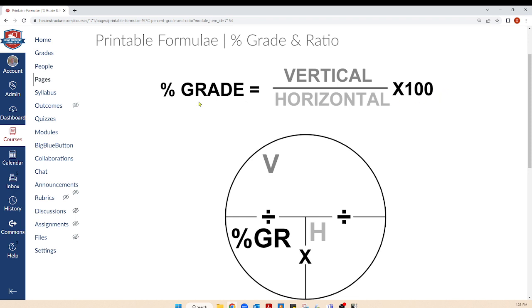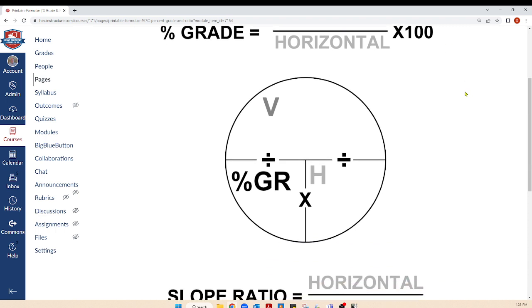So the percent grade equals the vertical divided by the horizontal times 100. Why do you think they put that? Because we're looking for percent, not decimal. Otherwise, your vertical is usually going to be a much smaller number than your horizontal. Multiply that decimal times 100 gives you a percent.